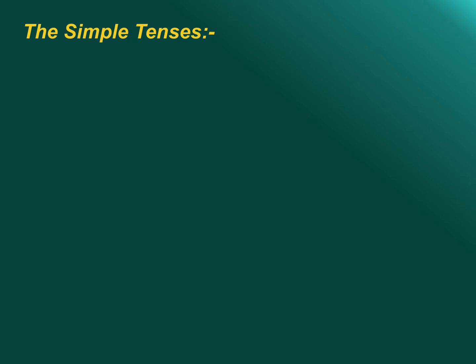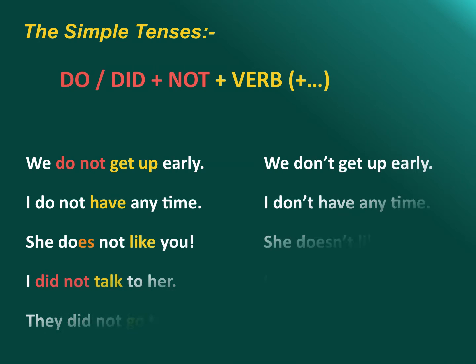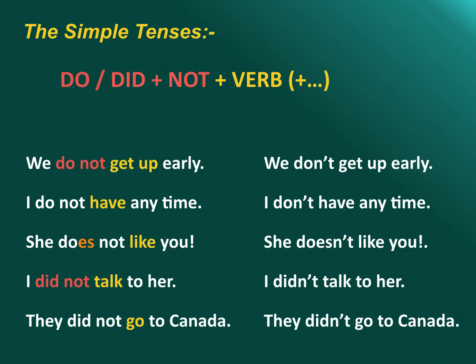The main problem with negative forms is to remember to use the do helping verb in the simple present and simple past. It is do plus not plus verb. Some examples. The main verbs are get up, have, like, talk, and go.